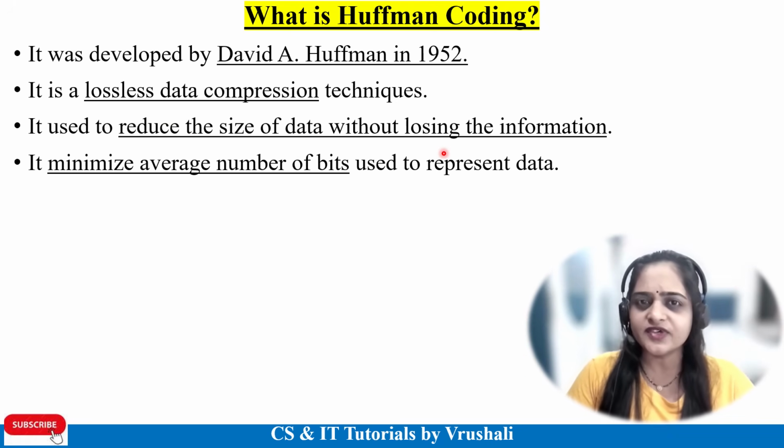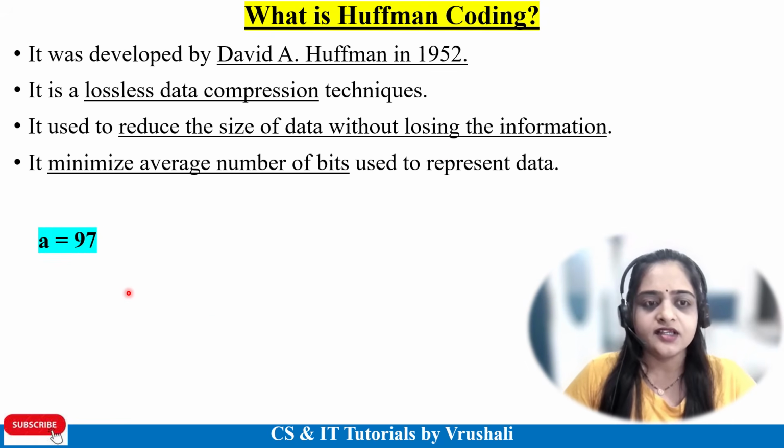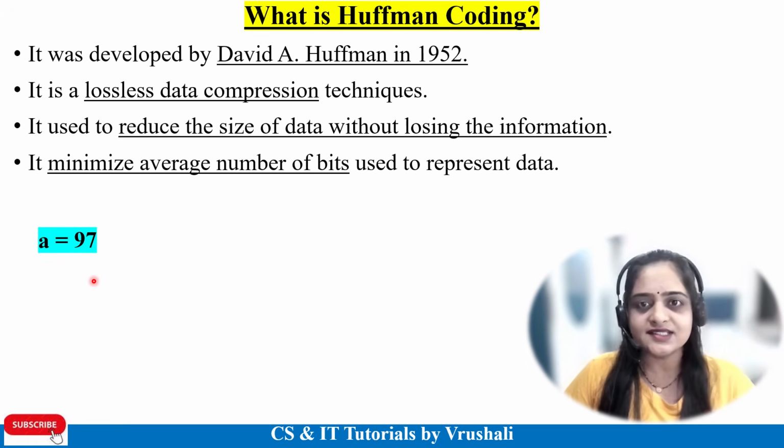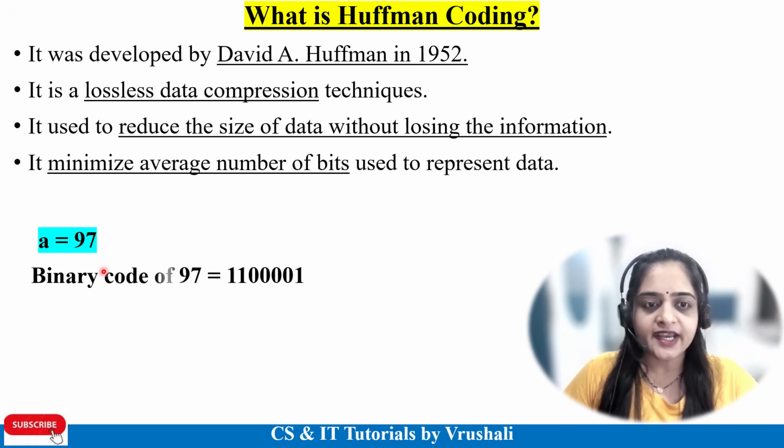I am giving you one simple example. Suppose there is a character A and the ASCII value of character A is 97. When you write 97 in binary code, it generates almost 7 bits of data. See, 1100001. This is the 7 bits of data.